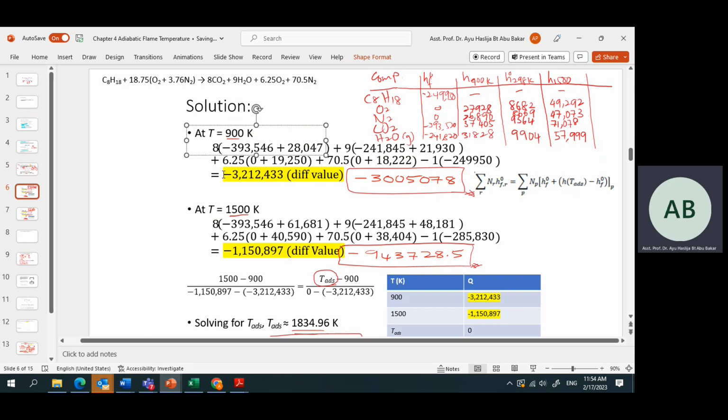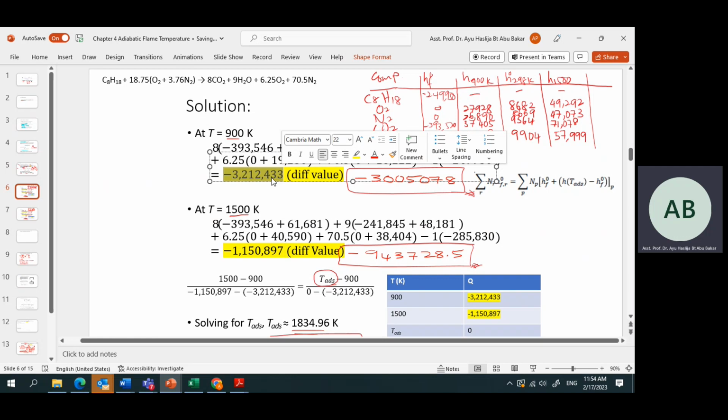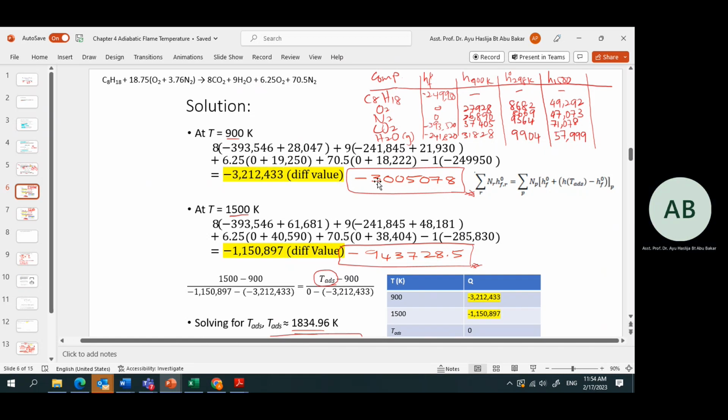That's why I highlight it. This is not the figure that you will get, because these values are using a different table. This value is the one that you should be getting, 300 something.